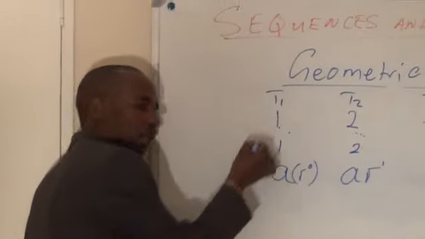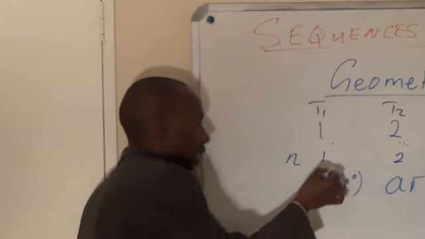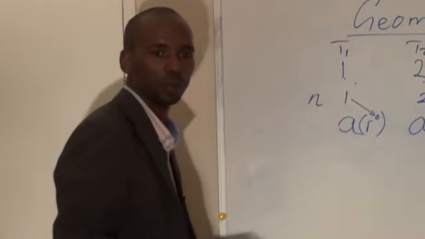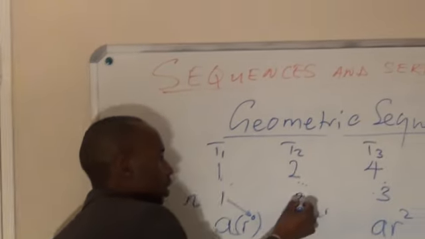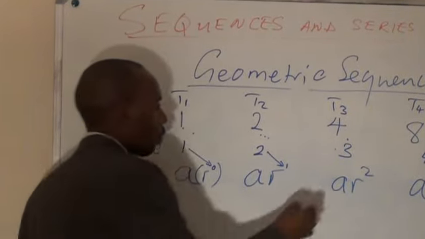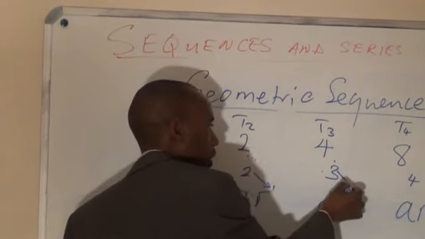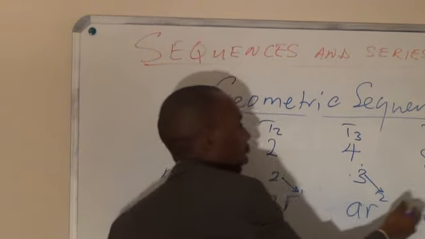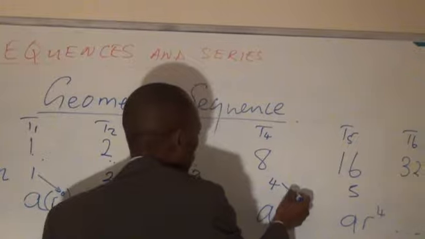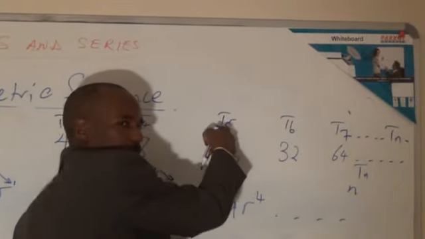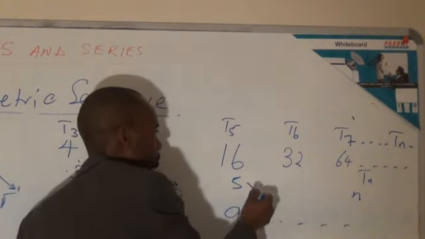When my n is equal to 1, here my power is equal to 0. When my n is equal to 2, my power is equal to 1. When my n is equal to 3, that's the third term, my power of r is equal to 2. When my n is equal to 4, my power is equal to 3. When n is equal to 5, fifth term, my power is equal to 4.